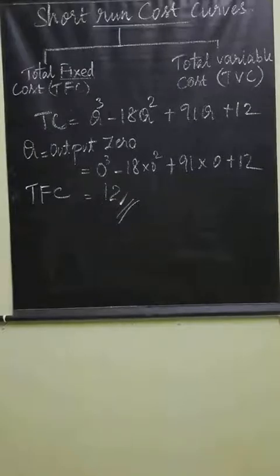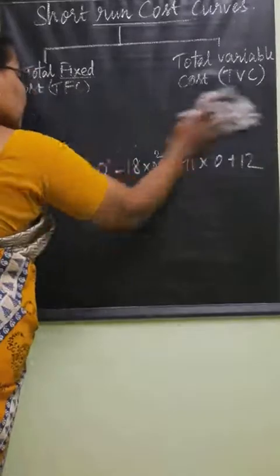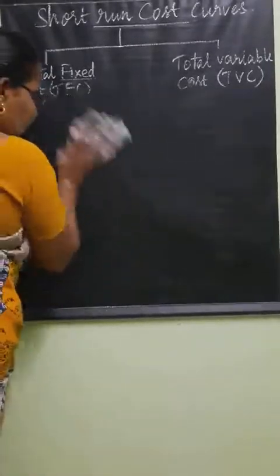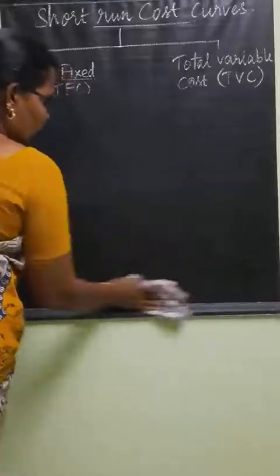So if you observe the TFC, it does not change with the production output, isn't it? When the output is 0 also, the fixed cost is 1000. When the output is 5, that time also the fixed cost is 1000. So the line is horizontal, parallel to the x-axis.